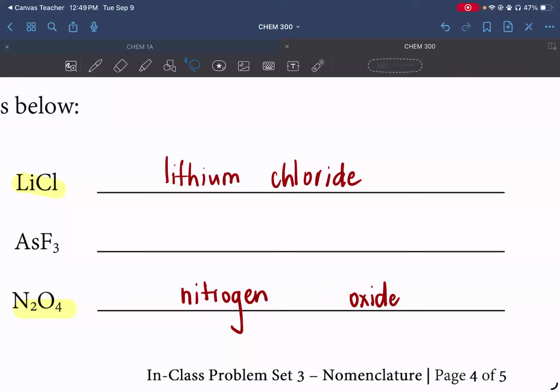The only thing that's left for covalent compounds is the Greek prefixes that quantify the amount. We see from the formula there are 2 nitrogens. This is what tells us this will be dinitrogen. We see from the formula there are 4 oxygens. This is what tells us this will be tetraoxide. So the full name is dinitrogen tetraoxide.